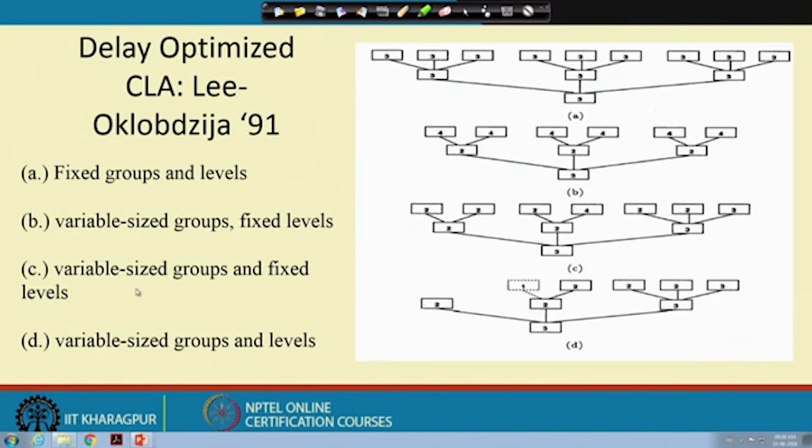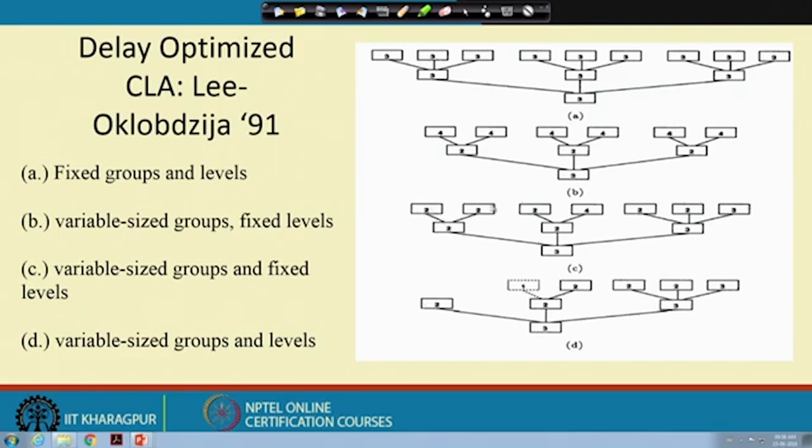Another kind of topology is variable size groups and fixed levels. Here the levels are fixed, but the groups are variable: 4, then 2, then 3.